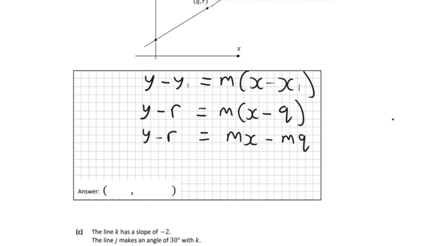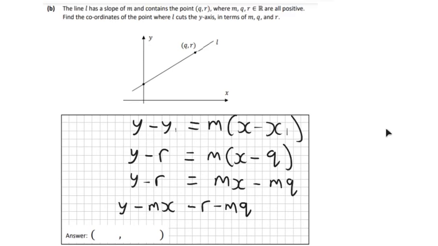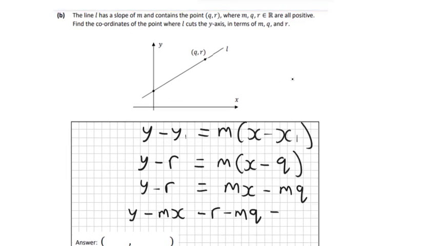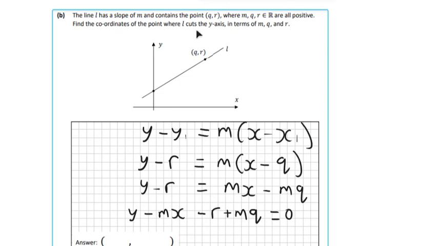If you bring everything over, you get y minus mx minus r plus mq equals 0. Right, so that's the equation of the line really.